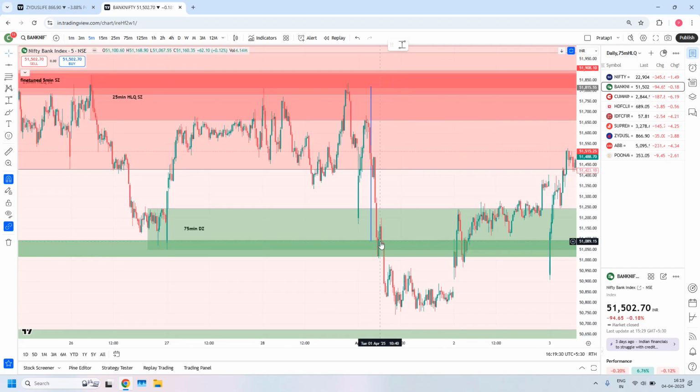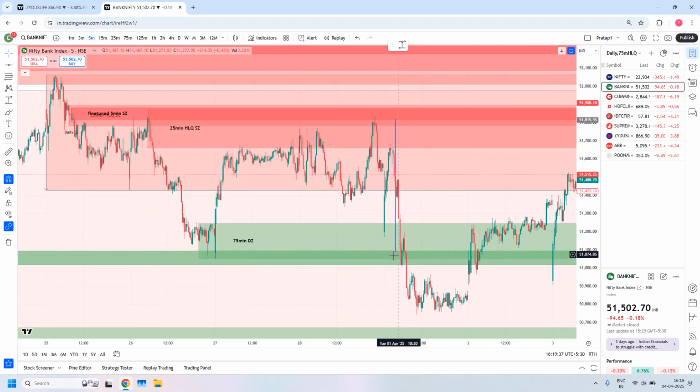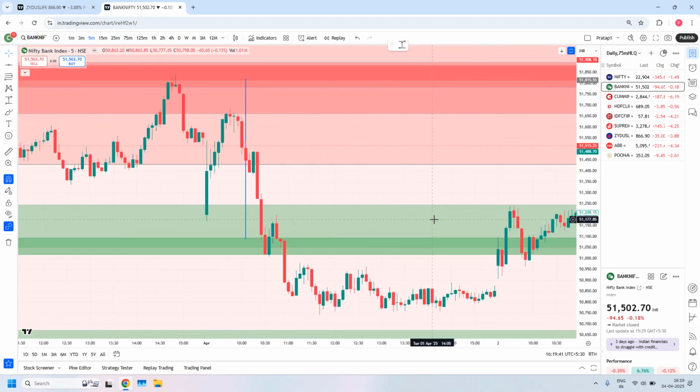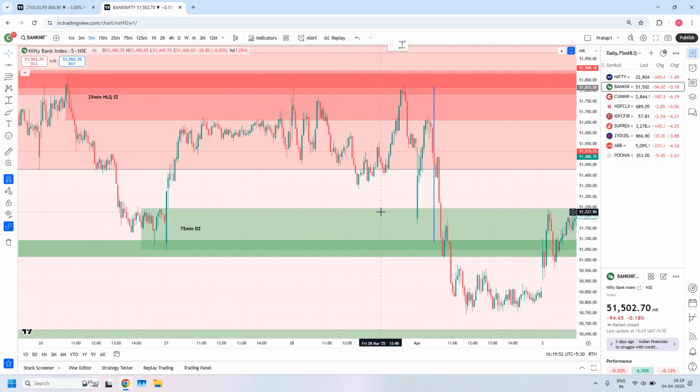This happened on the last Monday. Monday is a holiday, so Tuesday, the 1st April. Those who planned on 1st April trades on this area, probably your trade would have been stopped out. Of course, prices entered and gave you a small move, but this is not good enough to get profits. After that it went down and your trade would have been stopped out.